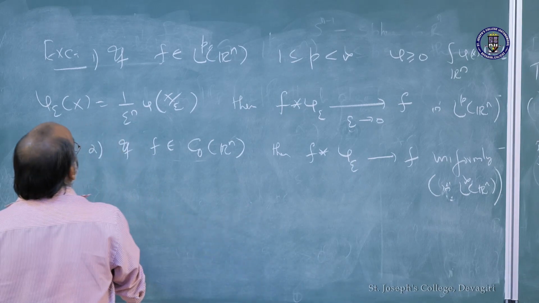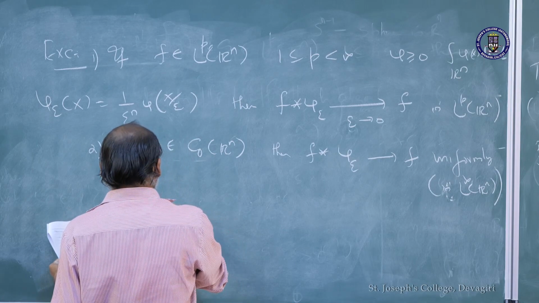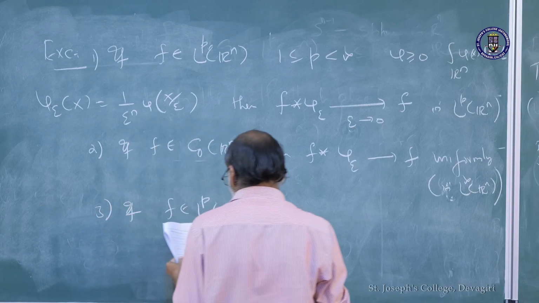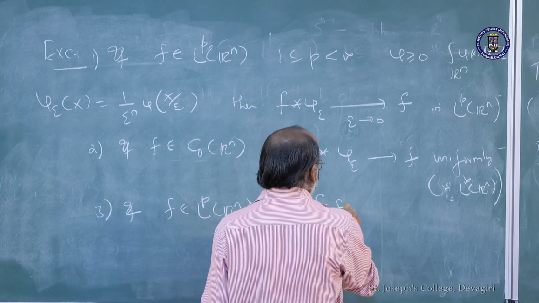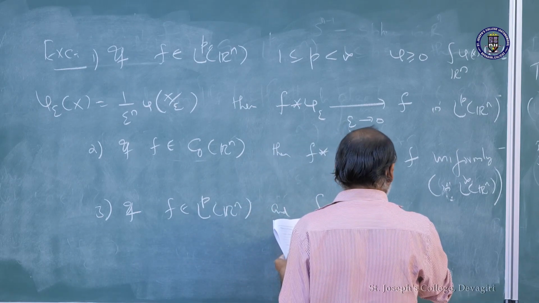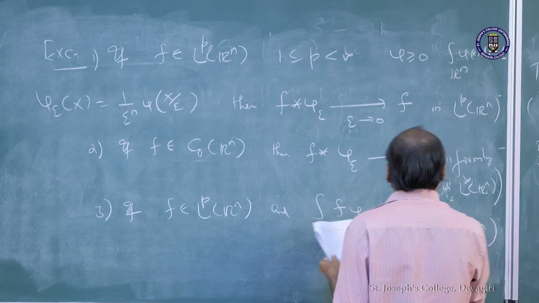Well, another exercise, exercise 3: if f is in L^p of R^n and the integral over R^n of f times phi is 0 for every phi in C_c of R^n, then f is 0.